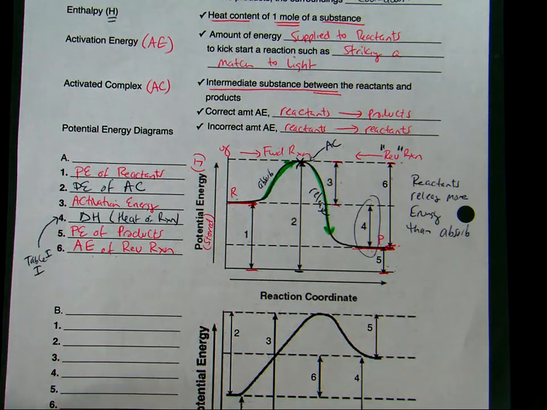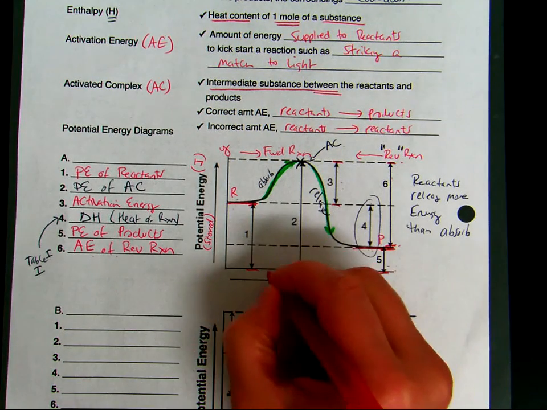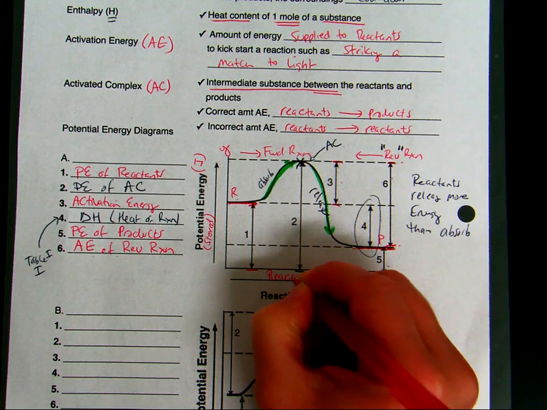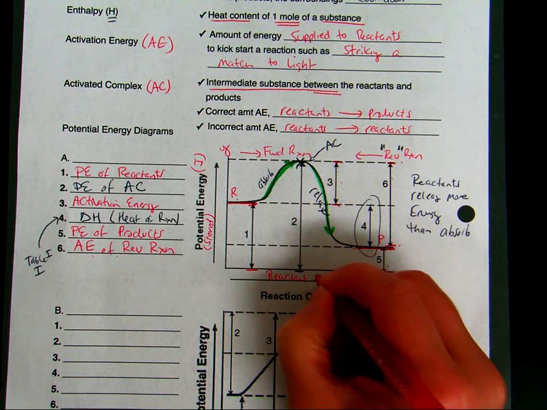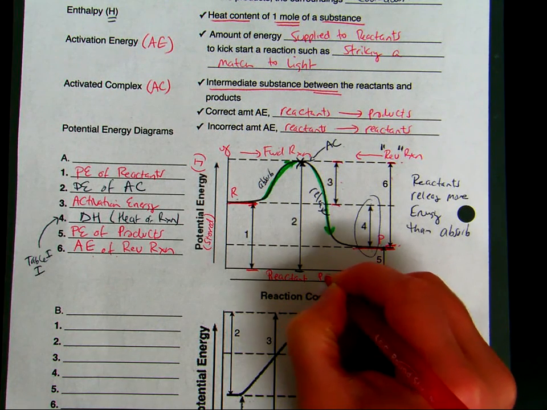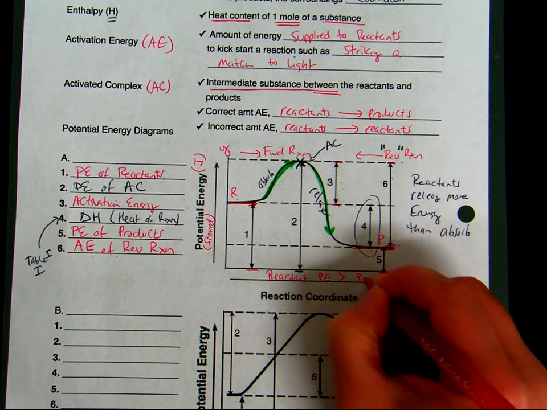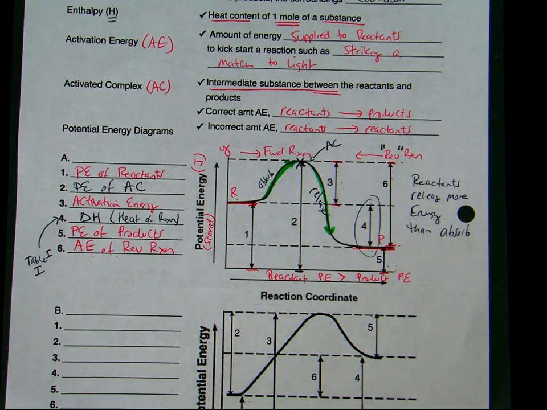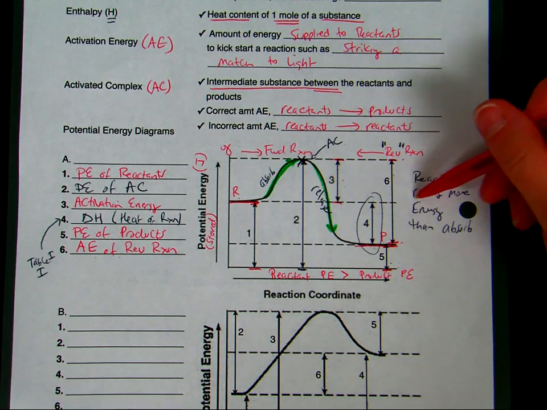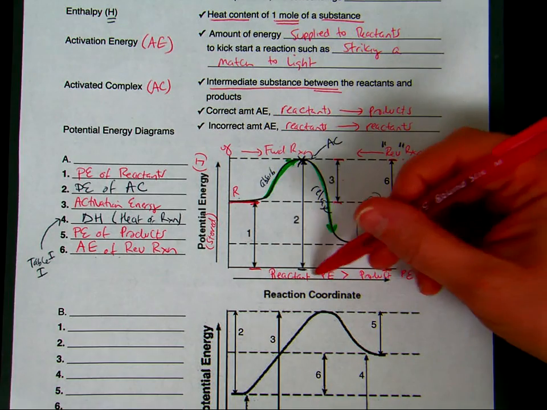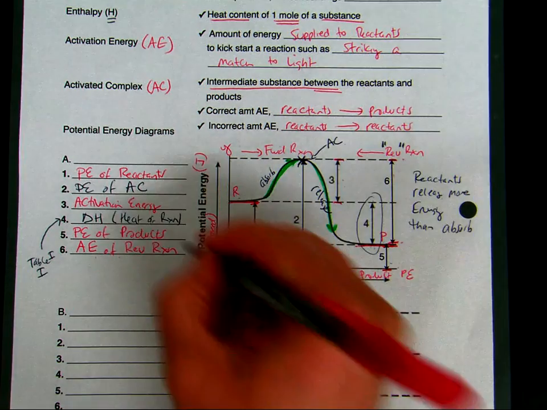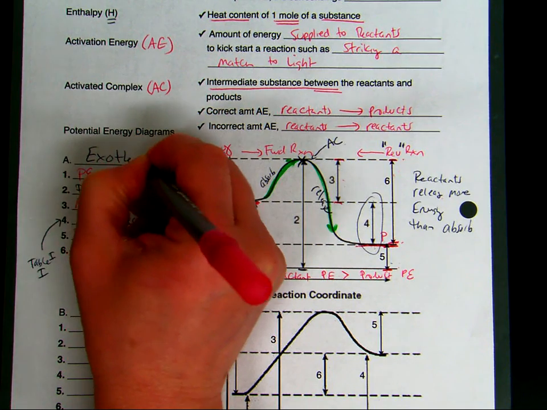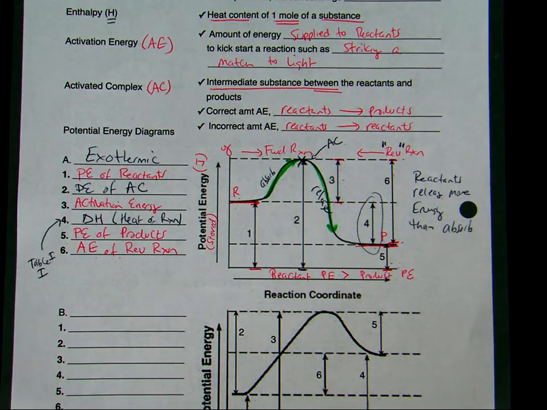And if I was to write anything else down here, I would say that the reactant PE is greater than the product PE. So in this case, because overall the reactants had to release energy, they started off with more potential energy, that I would say that this diagram represents an exothermic process.